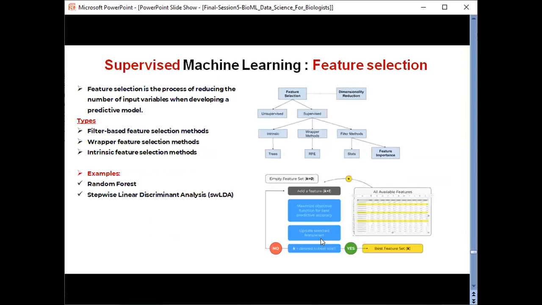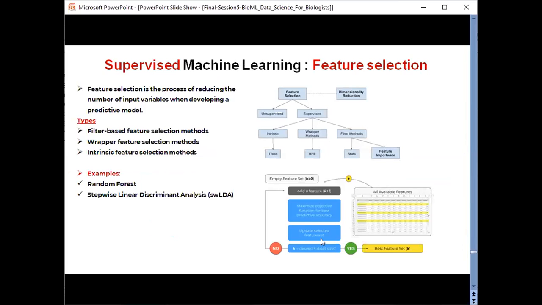For supervised machine learning, another important aspect is feature selection. What is feature selection? It is a process of reducing the number of input variables when you're developing a predictive model. It filters out important genes, ranking the genes based on performance.